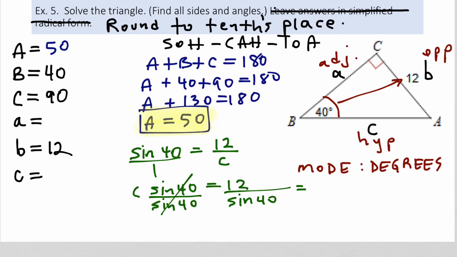So making sure it's set in mode degrees, you can find the sine button on the calculator. I'm going to punch in 12 divided by the sine of 40. So I got 18.669. I'm going to round that to the tenths place, so that would be 18.7.